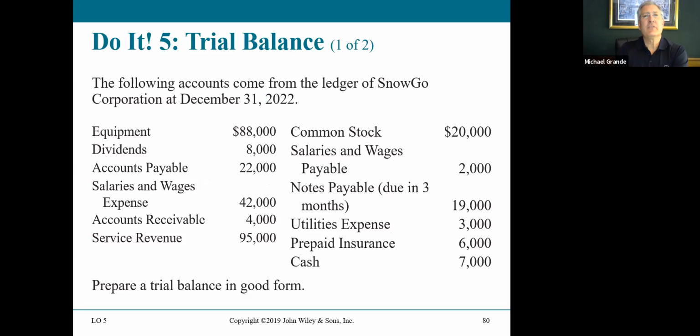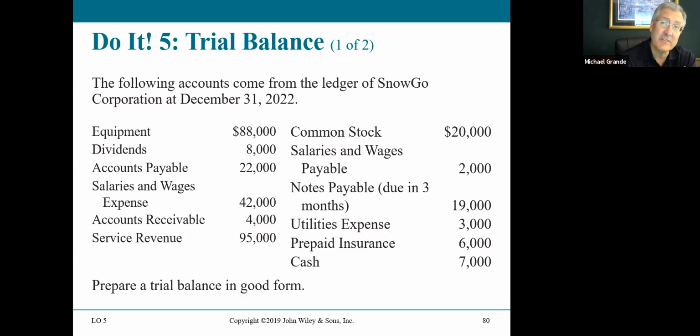The following accounts come from the ledger of SnowGo Corporation at December 31st, 2022. So you've got a bunch of accounts and they say, prepare a trial balance in good form. Now they didn't give you the net debit or credit balance. You have to know what the normal balance is.